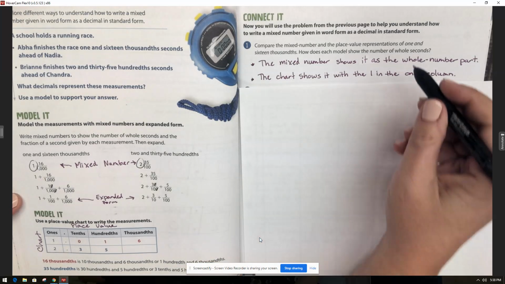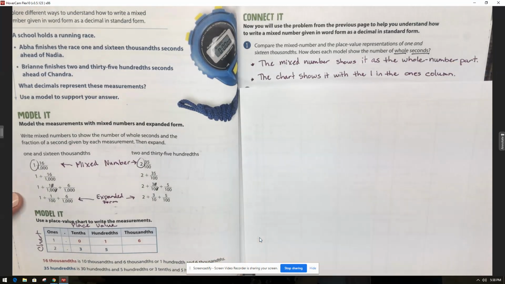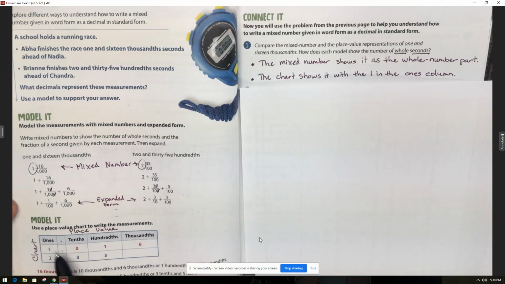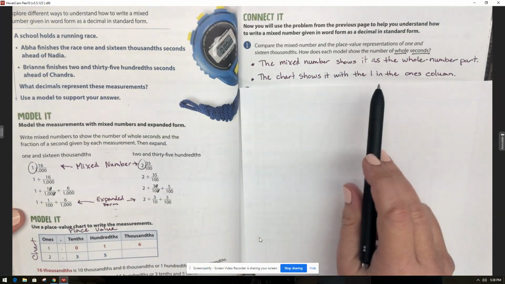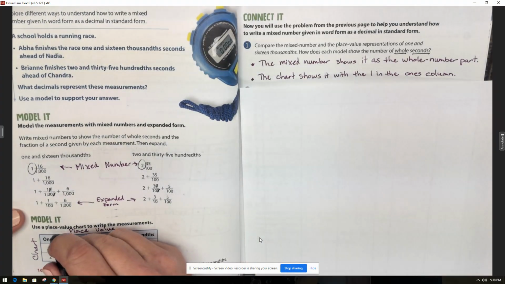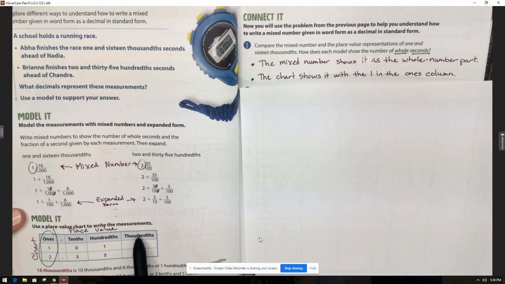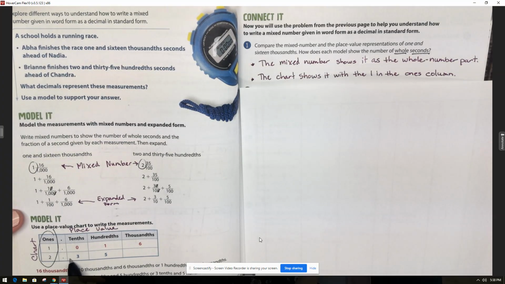When we're talking about whole seconds, that means not a part of a second, but a whole second. And then down in the model, the chart shows it as a 1 in the ones column. So here we see our wholes. These are the whole seconds. So this is 1 second and then 16 thousandths of another second. This is 2 seconds and 35 hundredths of another second.